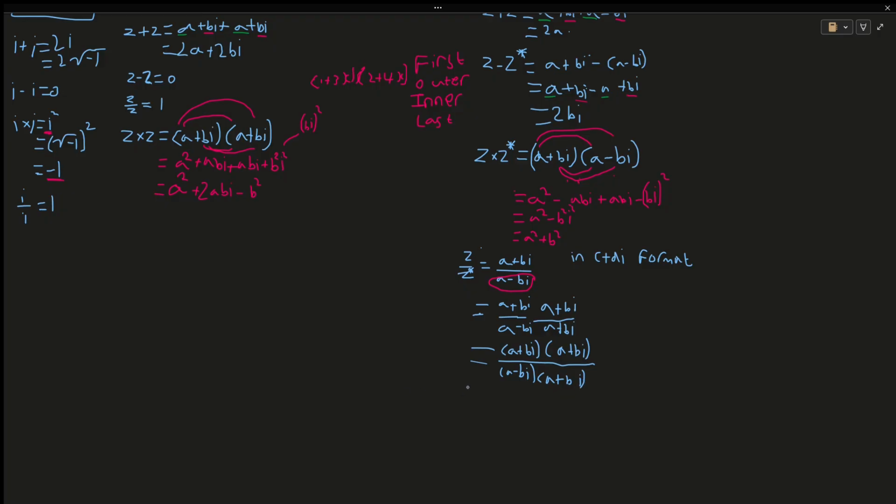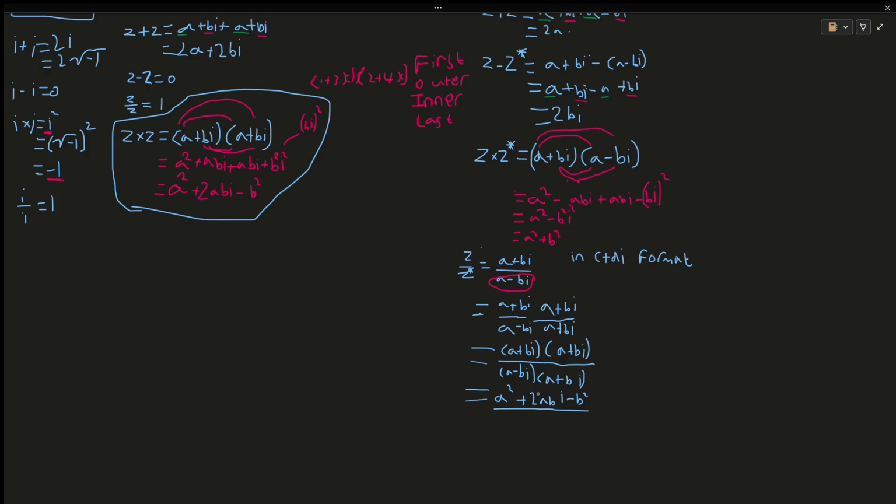Now, because we've already done this maths, we are just going to use what we already have. So a plus bi times a plus bi looks like this one right here. So it's going to be the solution a squared plus 2abi minus b squared.